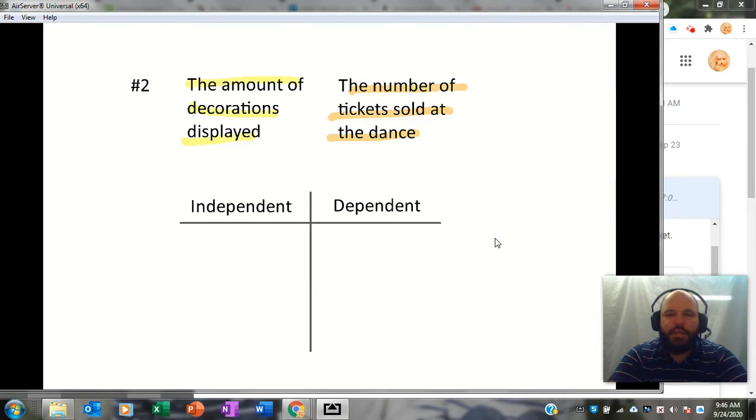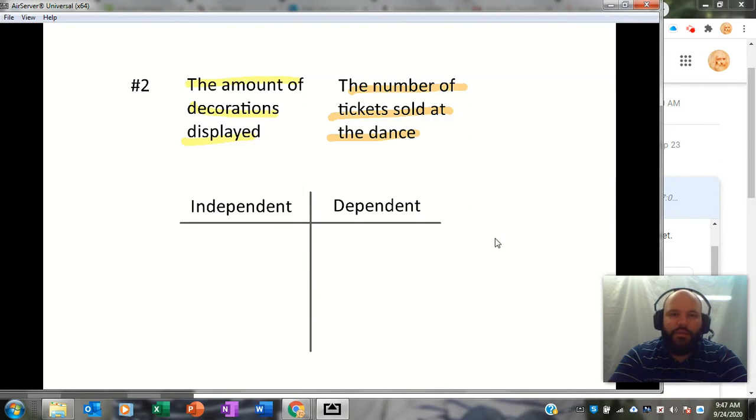So thinking through this problem, how do they raise money for a dance? Well, they raise money through maybe different fundraising. Maybe you sell candy bars, you do a car wash, and they also have to sell tickets. So by selling tickets, that gives us the money to decorate.